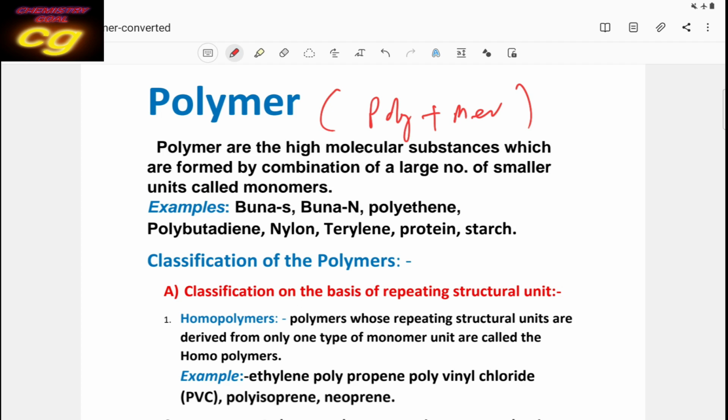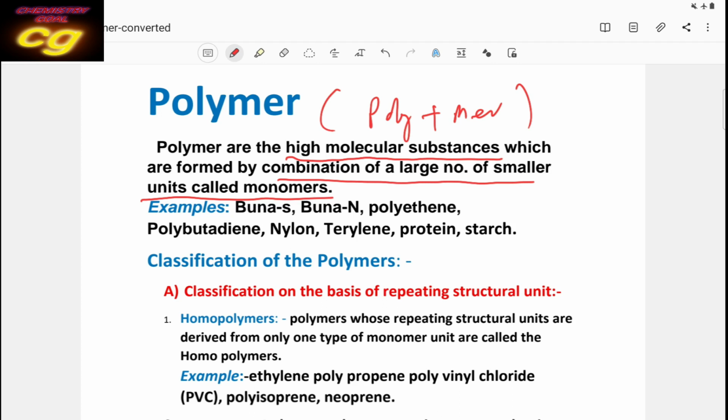So polymer is a high molecular weight, high molecular mass substance produced by combination of a large number of smaller units called monomer. Monomer is a single unit. When it combines by different methods, it produces a greater molecular weight substance, that is called polymer.